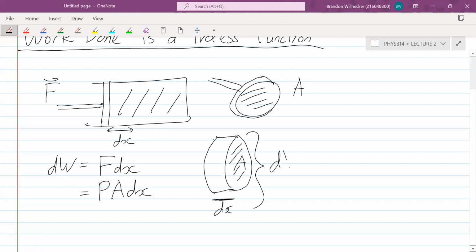So this is going to be dV. A dx is dV, so we get P dV. That's going to be the work done if we compress this gas by an amount dV, or if the volume goes down a bit.